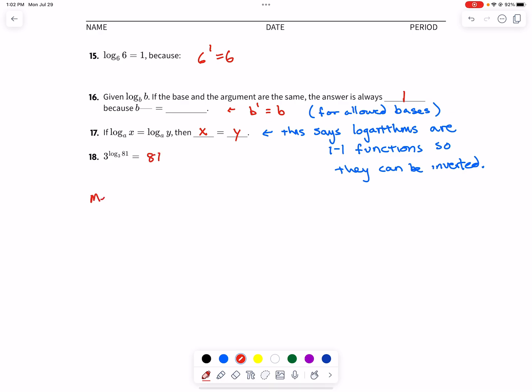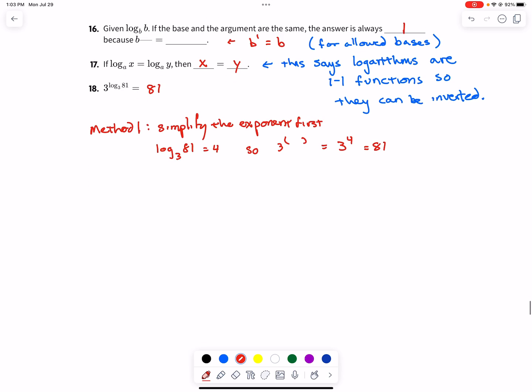Method 1. Okay, method 2 is to just realize something about logarithms. Logs tell you the exponent.